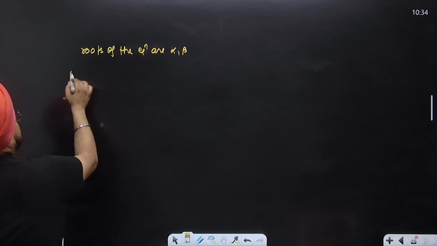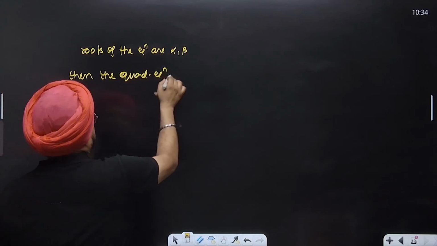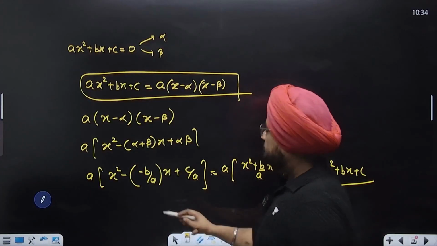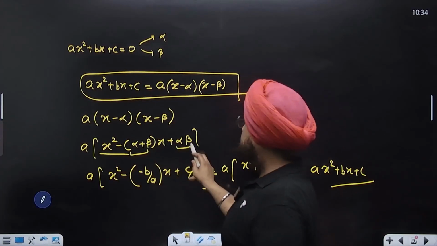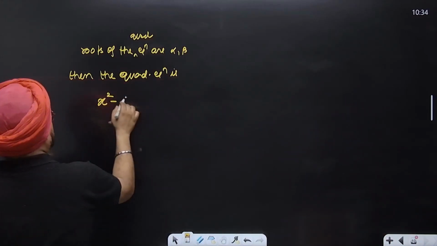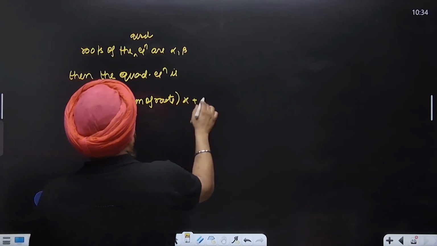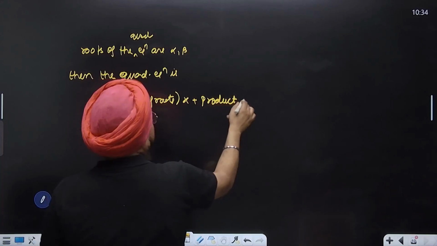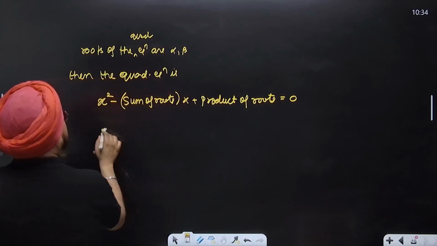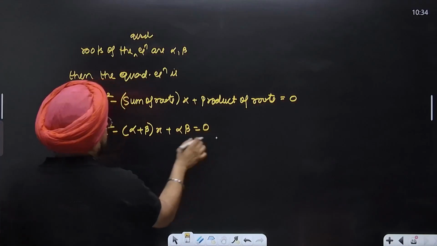Then the quadratic equation is, see, this is sum of roots, this is product of roots. x square minus sum of roots into x plus product of roots is equal to 0. x square minus (alpha plus beta) x plus alpha beta is equal to 0.